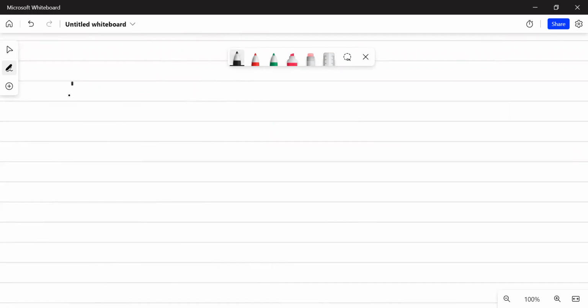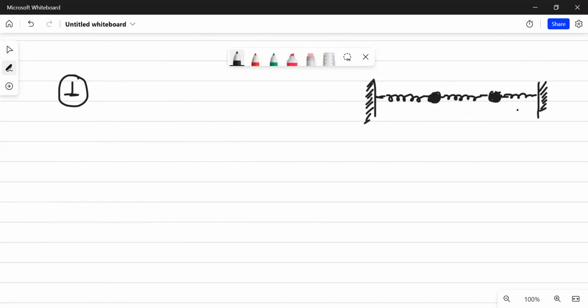The first very simple case that we are going to study is this case. The spring constants are the same, all of them are k only, and the masses are the same.